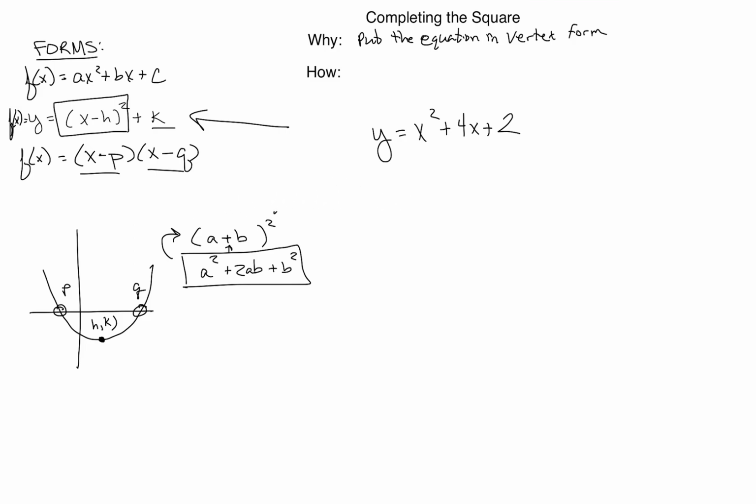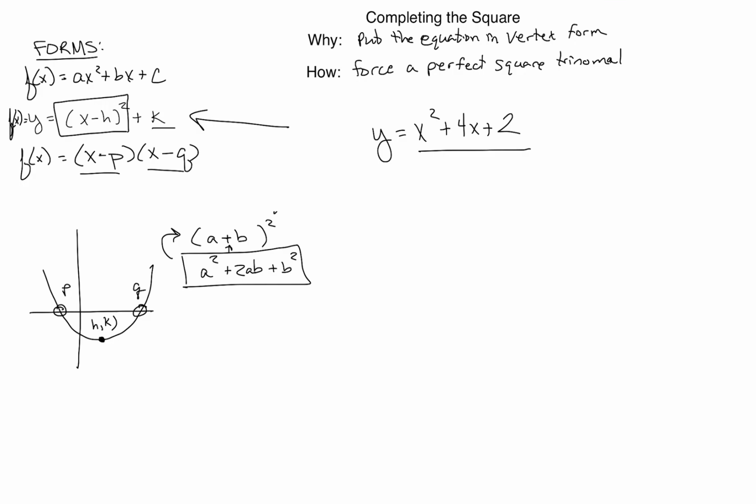We have x squared plus 4x plus 2. This is not a perfect square trinomial. And so what we are going to do with completing the square is we are going to force a perfect square trinomial.